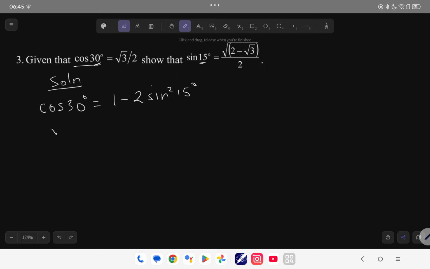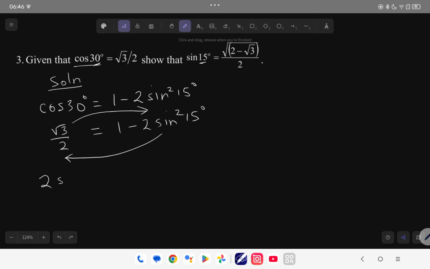So we have root 3 over 2 is equal to 1 minus 2 sine squared 15 degrees. Remember, our aim is to make sine 15 the subject. So this one can go to the left, and this one can come to the right.